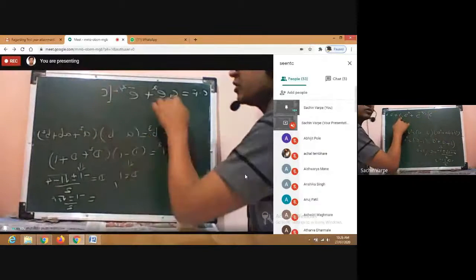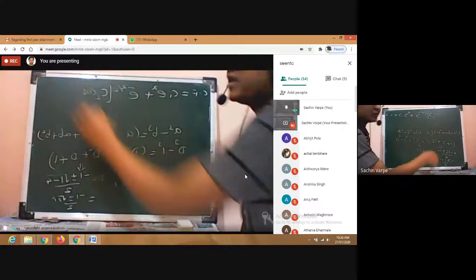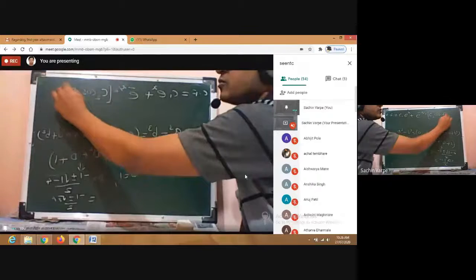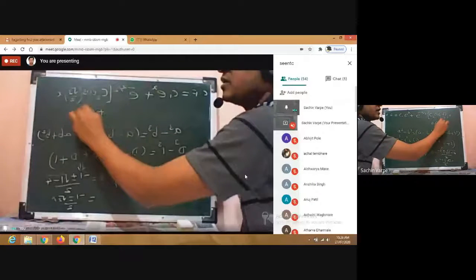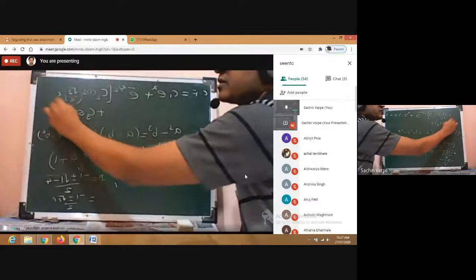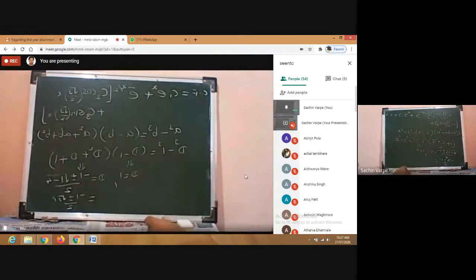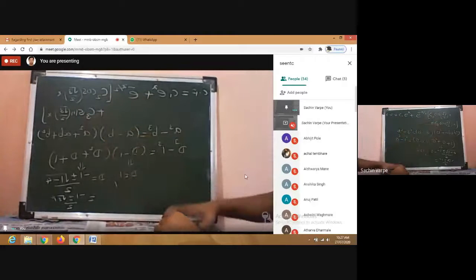C1 is already covered here. What is beta here? Root 3 by 2 into x, plus C3 sine of beta x. This is the complementary function. Please check C1, C2, C3 as it is of order 3.